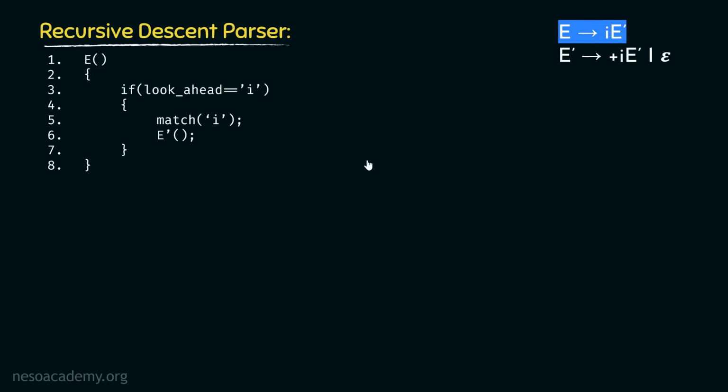Just an FYI, we know recursive descent parser is actually a top-down parser without backtracking. And for the top-down parsers, we need a grammar which should not have any kind of ambiguity. Also, it shouldn't have any kind of non-determinism, and the grammar should also not have any kind of left recursion. Observe, these are actually right recursive grammars, as on the right hand side, the rightmost element is the non-terminal in both the cases.